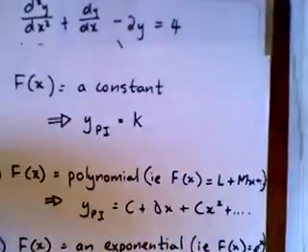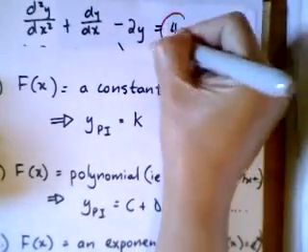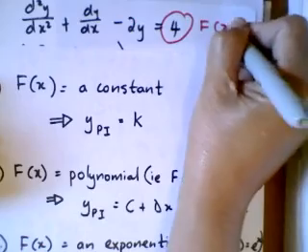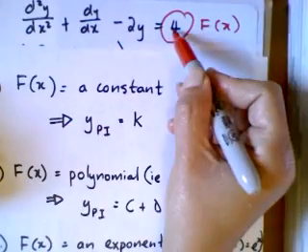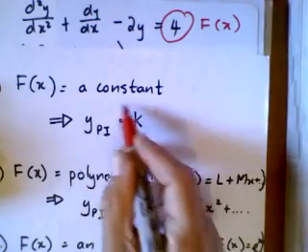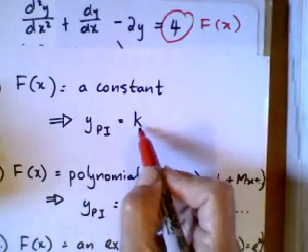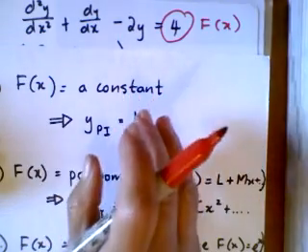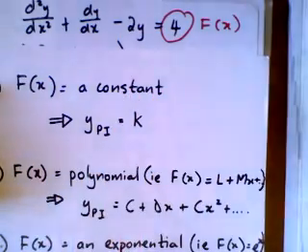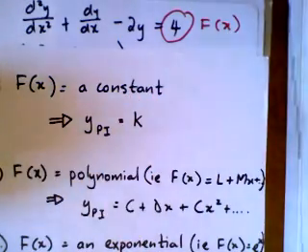So this over here, that is f(x). When you've got it equal to some constant, you assume that your y_PI is going to have the form of k. Now there is a snag case, which I'm going to come to in a later video, which you also have to bear in mind.